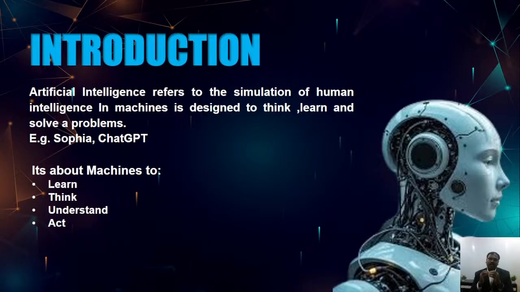So you can speak directly with Sophia in whichever language, and it can give a solution in your own language. That is known as natural language processing, NLP, right? So this machine simply learns, thinks, understands and acts like a human. That is an artificial intelligence robot, right?